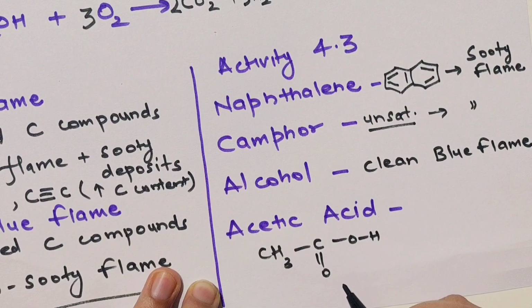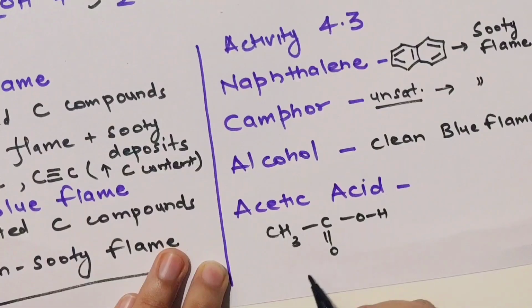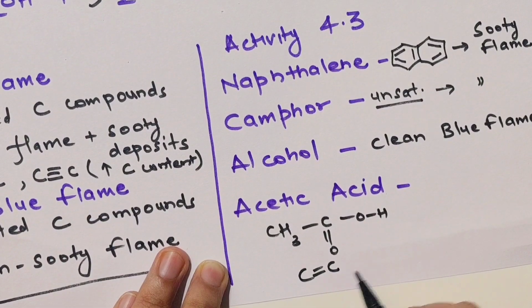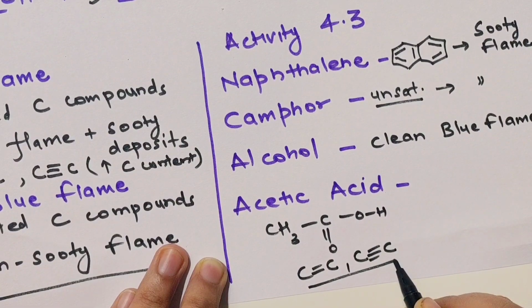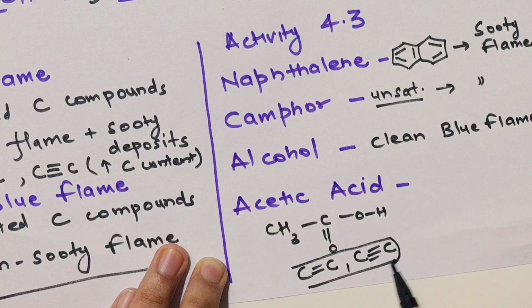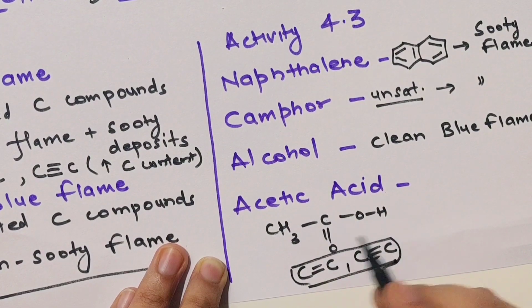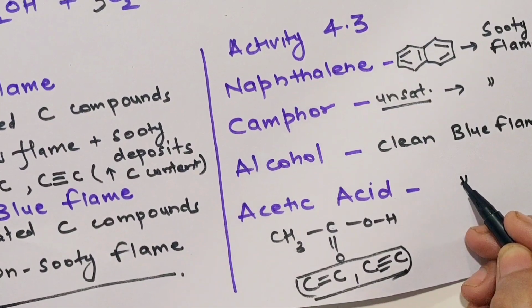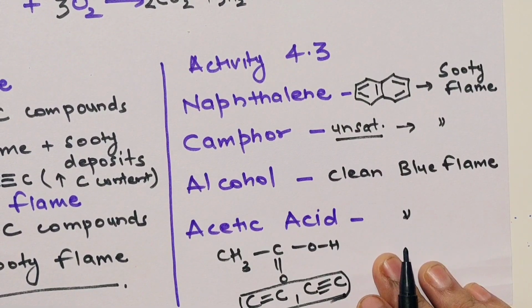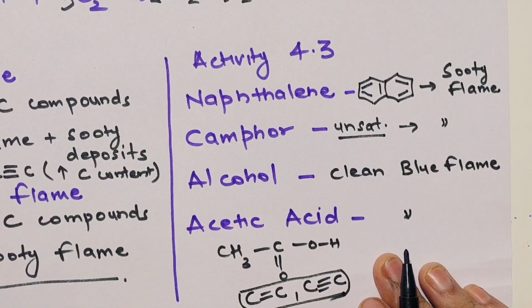Unsaturation is presence of double bonds between two carbon atoms or presence of triple bond between two carbon atoms. That means carbon-carbon double bond or carbon-carbon triple bond. Only this is unsaturation. This is not unsaturation. And since it's not unsaturation, it's going to burn with a clean blue flame. Okay, so this was combustion.